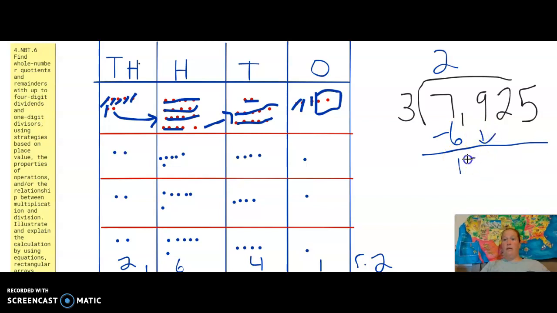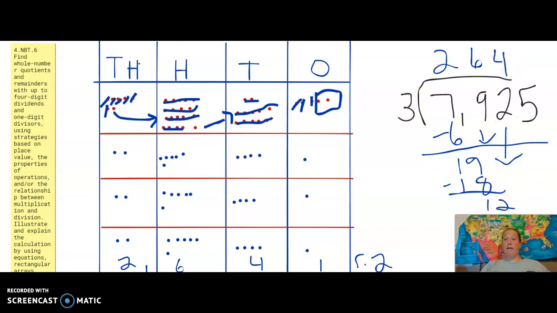I know that 3 goes into 19 6 times. 6 times 3 is 18. Subtract. I get 1. Bring down my 2. 3 goes into 12 evenly 4 times.